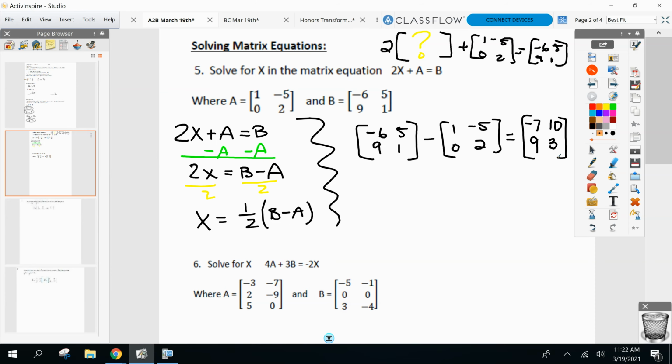And then take that and multiply it by 1/2 now. Take everything in that matrix, multiply. You can keep it as a fraction or a decimal. Doesn't bother me. So if you want to leave it -7/2 or -3.5, either way is fine with me.